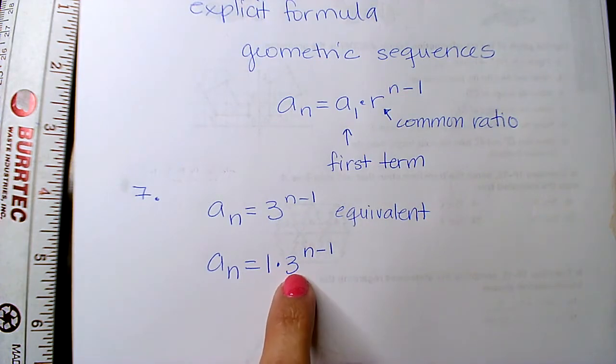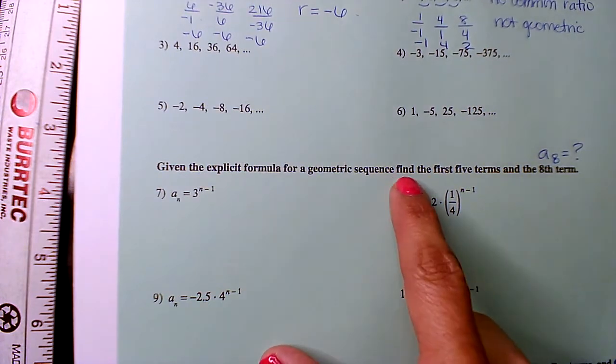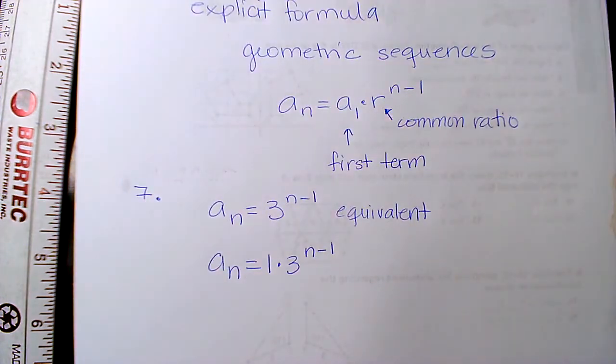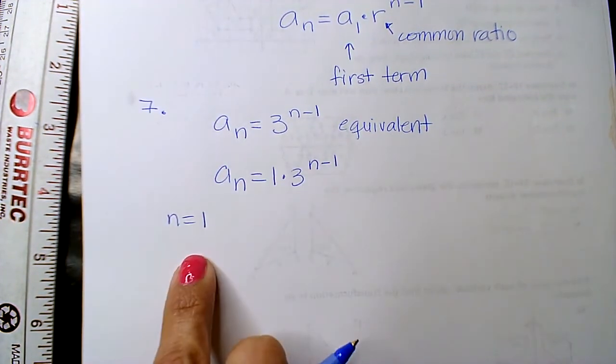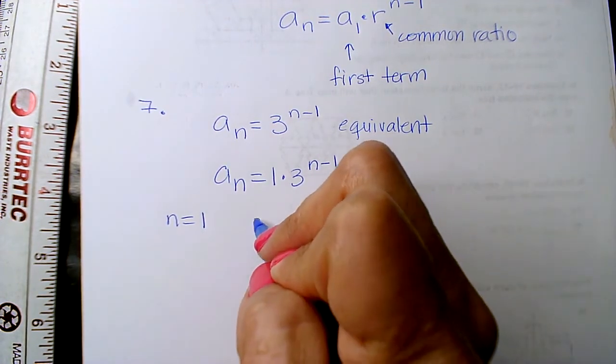That's what this means. Okay, so if it wants me to find the first 5 terms, it says, given the explicit formula for a geometric series, find the first 5 terms and then find the 8th term. All right, so if I find the first term, I want n to be 1, right? Because that's the first term. So what's the value?